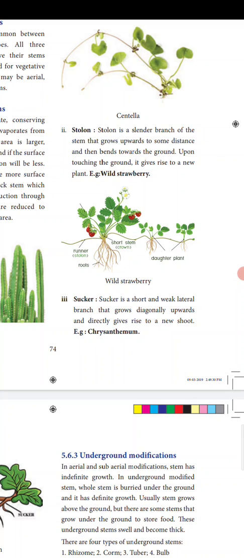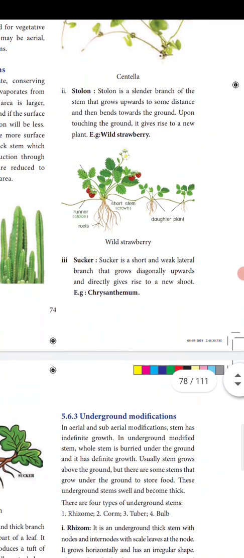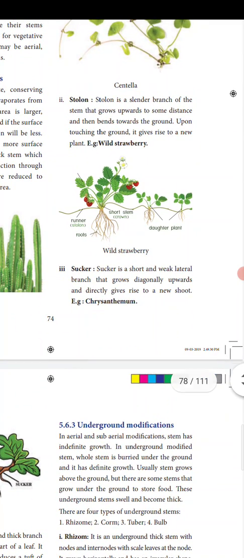Stolon is a slender branch of the stem that grows upward some distance and then bends towards the ground. Upon touching the ground, it gives rise to a new plant.